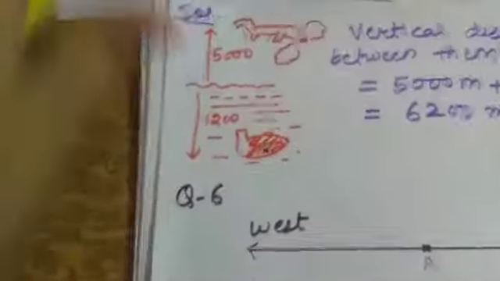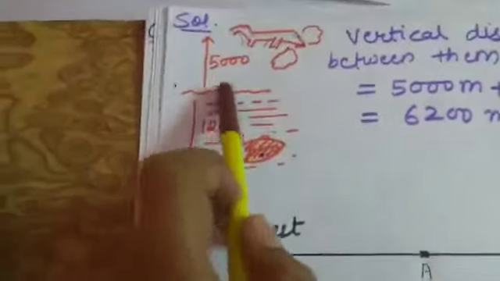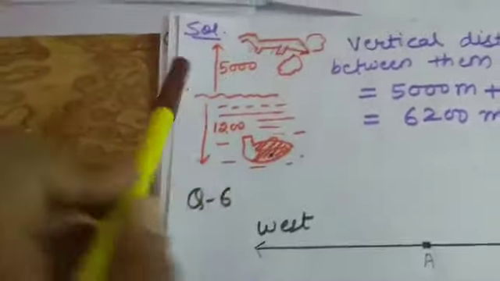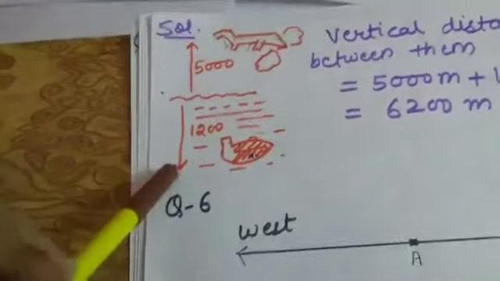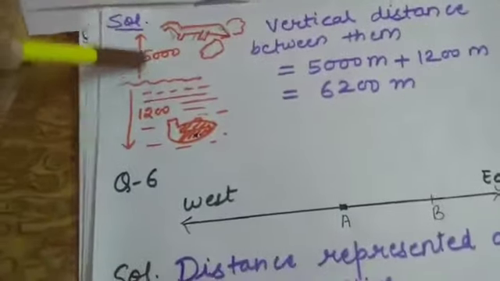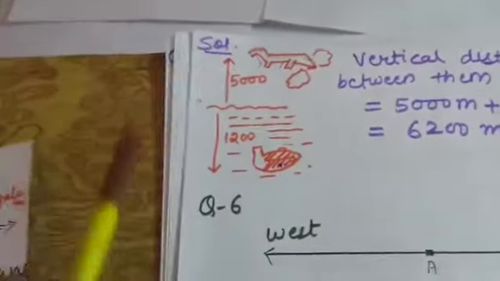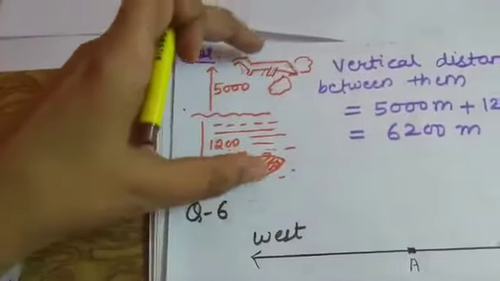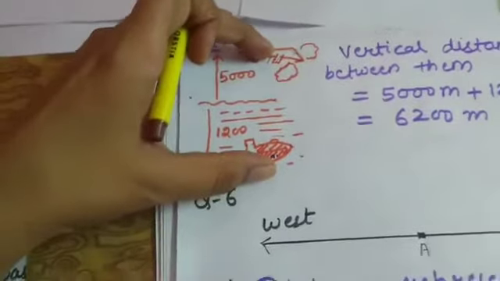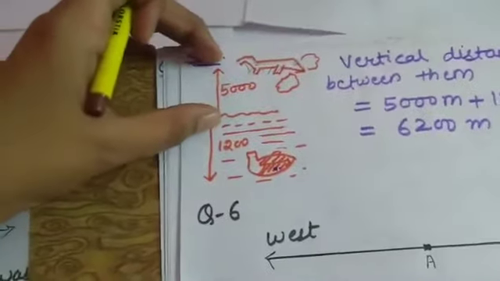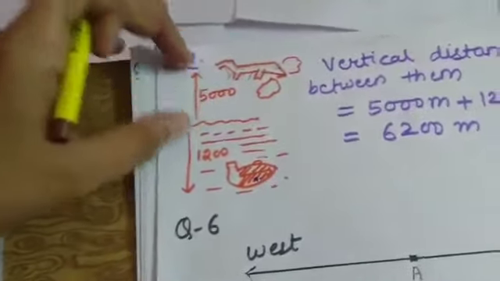Let's discuss the question using the diagram given. This is the sea level. This is the submarine, floating 1200 meters below the sea. There is a plane that is 5,000 meters above sea level. You have to find the vertical distance between these two, and their distances are given from the sea level.